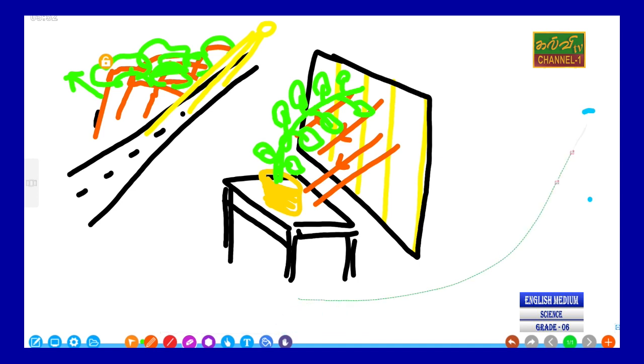Okay, we will take a clean board. Now see, respiration.